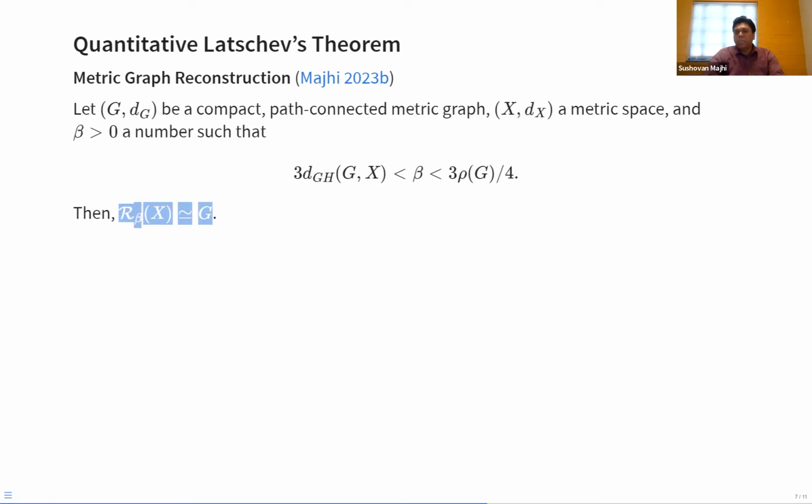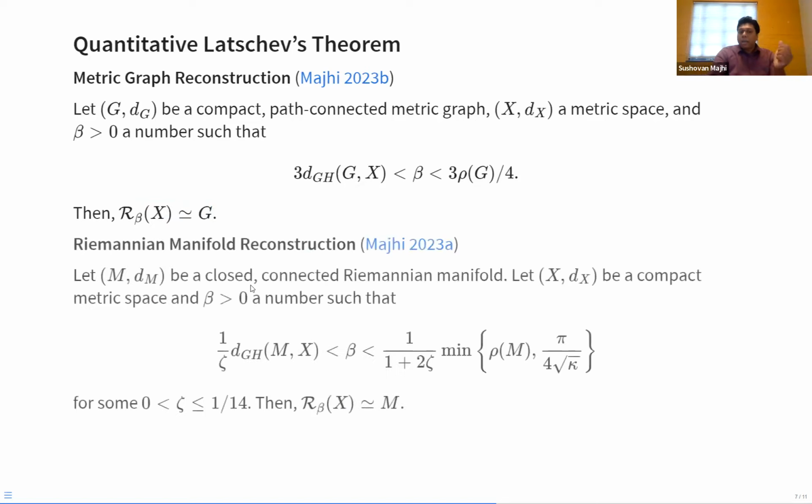If we're trying to follow Latschev's theorem and trying to give such a quantitative result for manifolds, it's going to be hard. But as it turns out, this year, again, you will have to take into account the geometry of the manifold. Let's say we have a Riemannian manifold, M. We're assuming that it's closed without boundary.